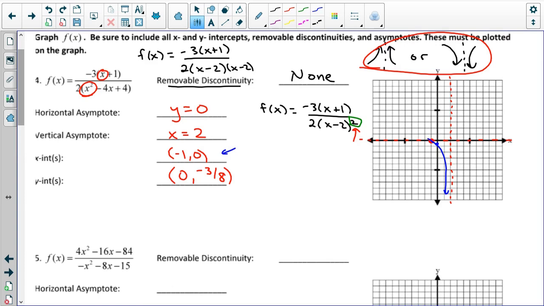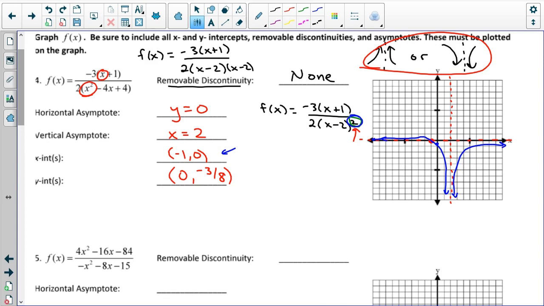Then, since the horizontal asymptote is 0, it reaches some high place and then comes back down and goes toward y equals 0 forever. Since I have a squared in my denominator, that means that the function should end up going both toward -infinity, and my graph should look something like this.